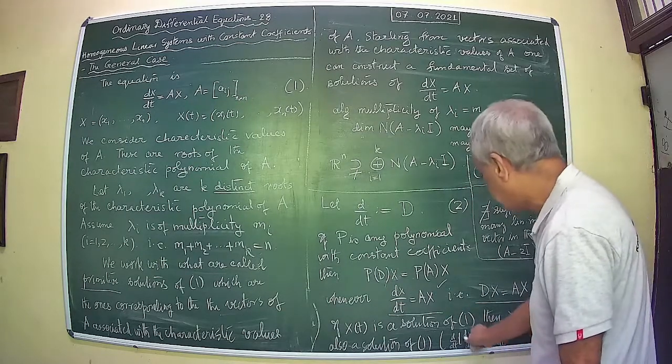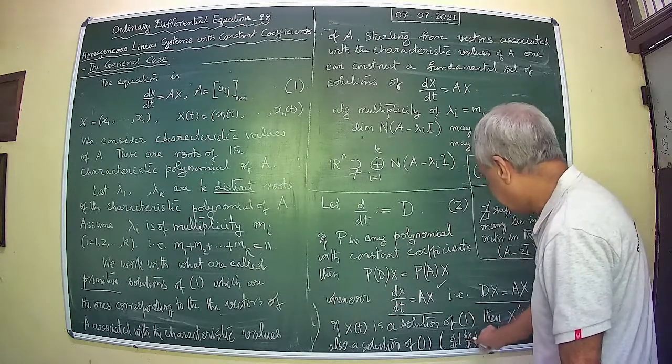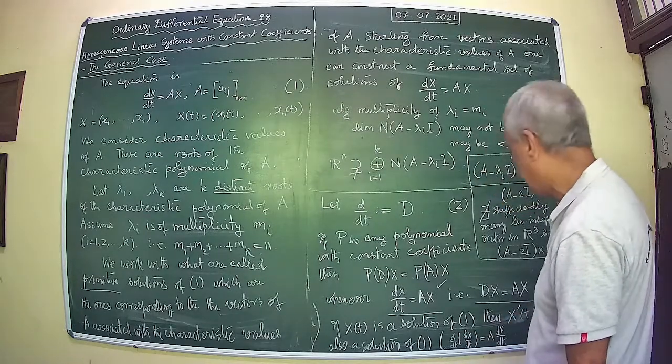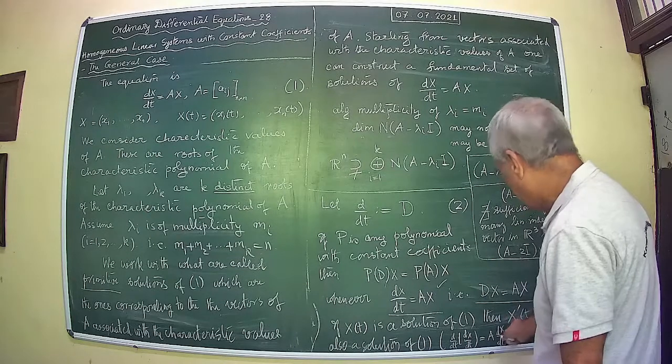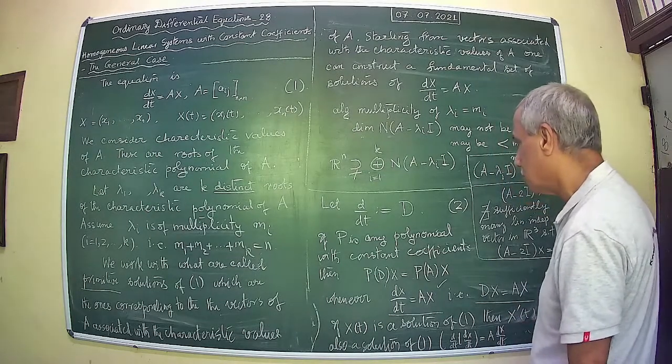You just replace, see, if I write dx/dt as y, then dy/dt equals Ay. So y is a solution of 1.